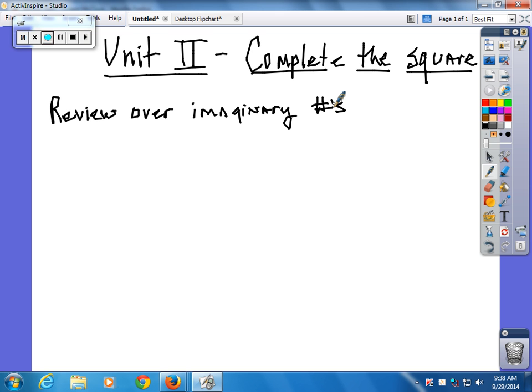Okay, imaginary numbers is basically a housekeeping tool. I tell students it's a housekeeping tool because you can't take the square root of what? Of a negative.